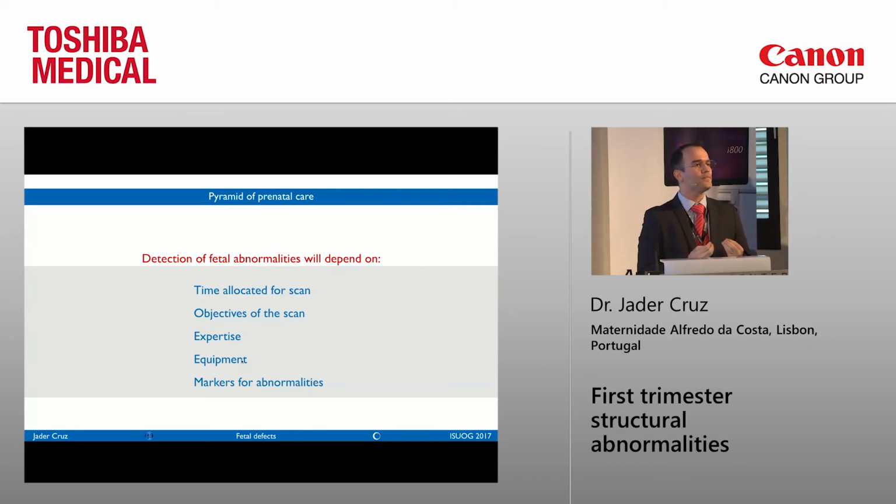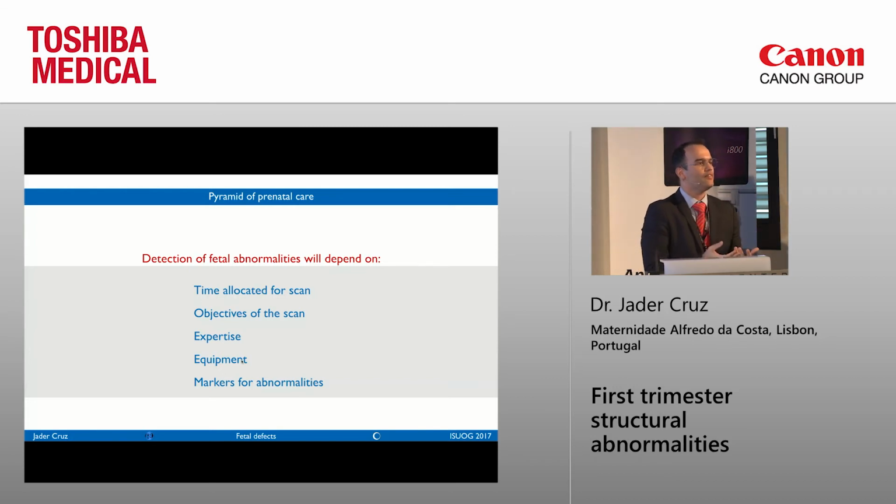Of course, you cannot do a proper examination nowadays if you're using a 50-year-old ultrasound machine that you need to rotate something just to switch on, and then you need to wait, and you need to light a candle, this kind of thing. This is rusty. You cannot use old equipment.